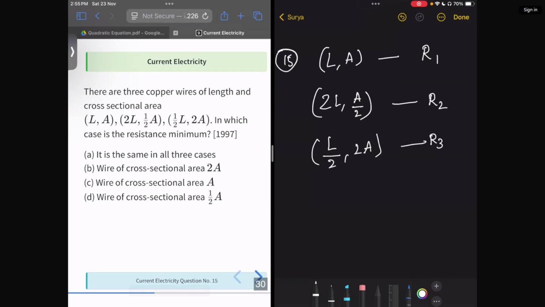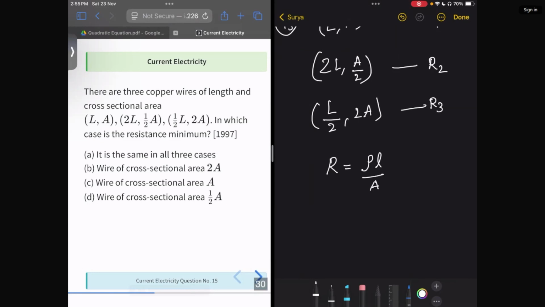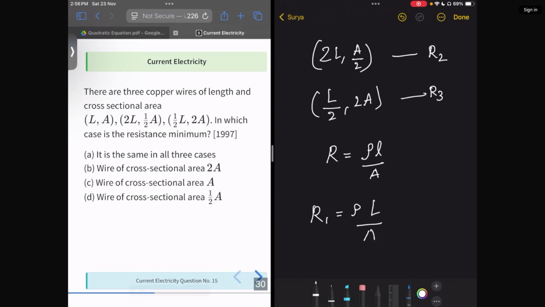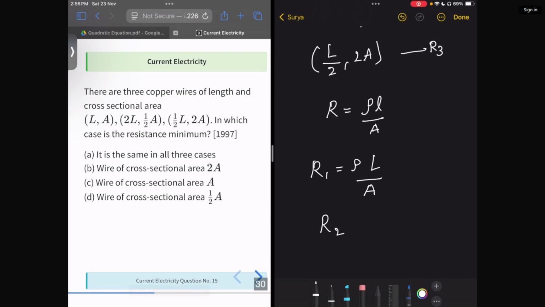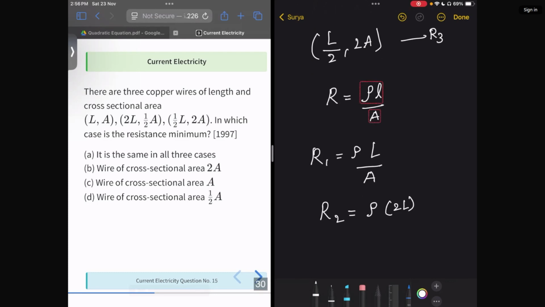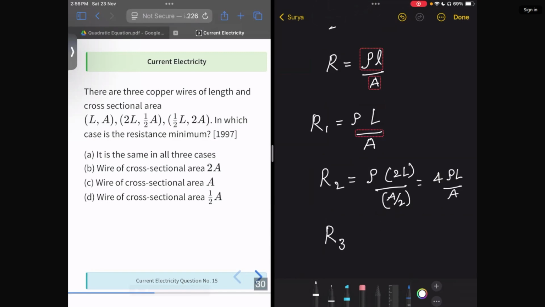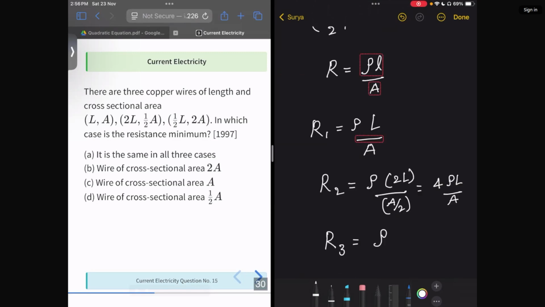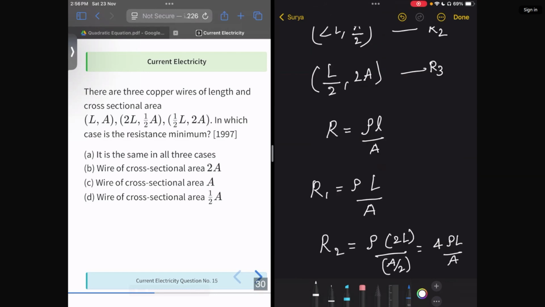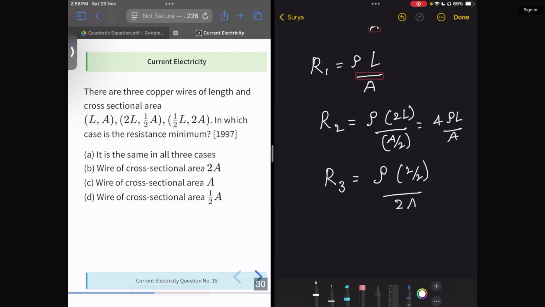In the first case, we know the resistance is rho L by A. So R1 will be rho L by A. R2 will be rho 2L by A by 2, which is 4 rho L by A. R3 will be rho L by 2 divided by 2A, so it will be rho L by 4A.